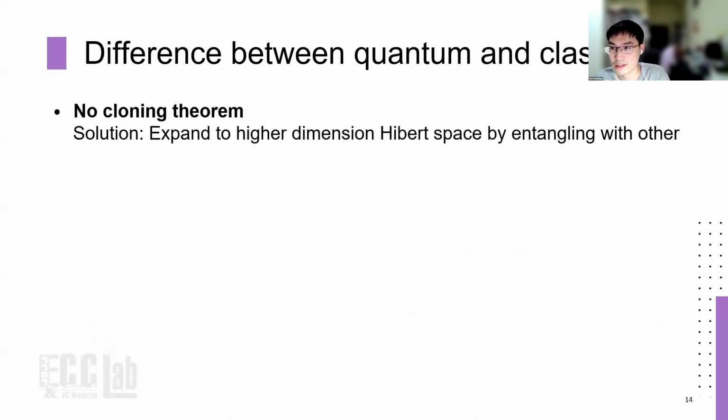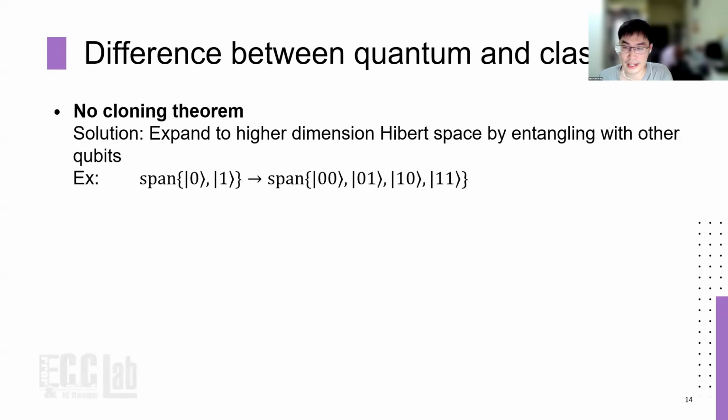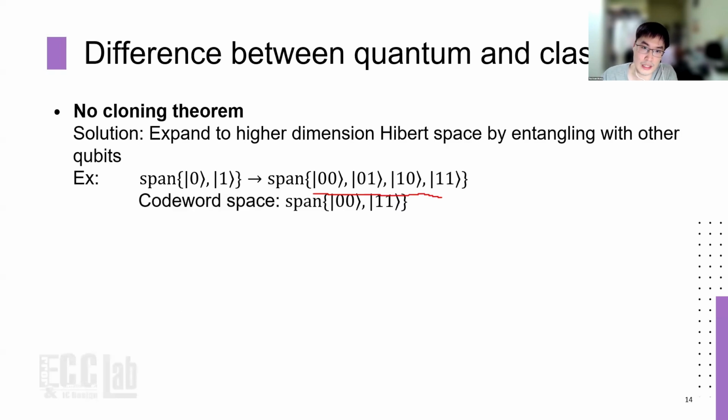We expand the original Hilbert space to a higher dimension Hilbert space by entangling with other qubits. So for example, the original state has 2 dimensions. Then we expand to 4-dimensional Hilbert space. But the code space is still 2 dimensions.